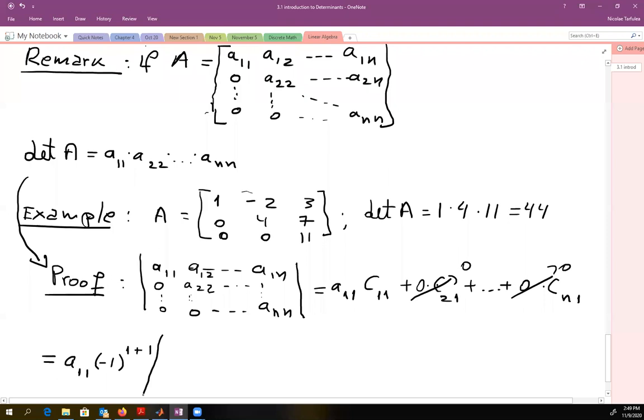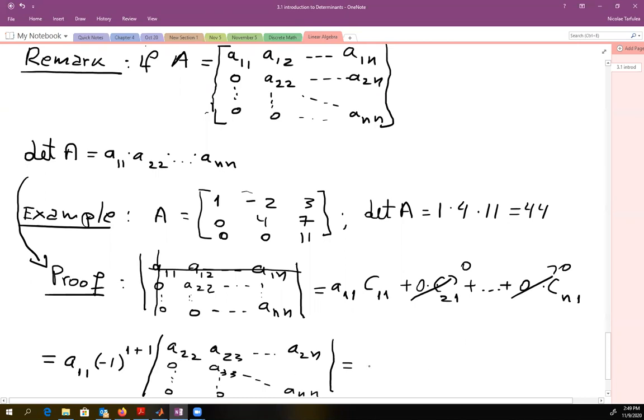And what's left here, this is the cofactor. You cross out the first row and the first column, it's just A22, zeros underneath this entry, A23, A2n, then here you have A33, zeros again, Ann. And if you repeat the procedure, look what we get here. You get A11 multiplied by this one.